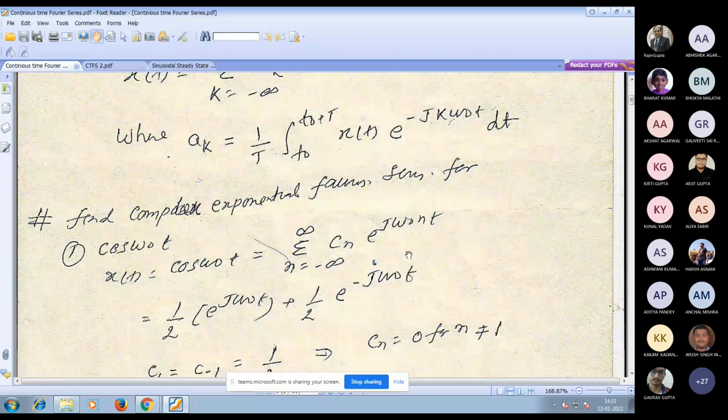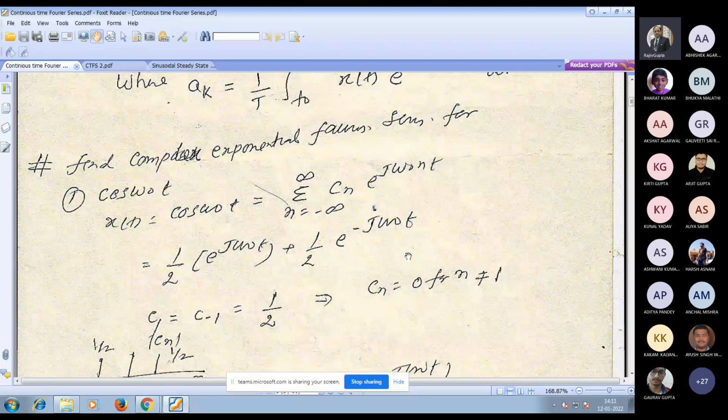The mathematical equation of the Fourier series in complex form is the summation from n equals minus infinity to infinity of C_n e^(j n omega naught t). If I want to write cos(omega naught t) in terms of complex exponentials, we have half e^(j omega naught t) plus half e^(-j omega naught t).